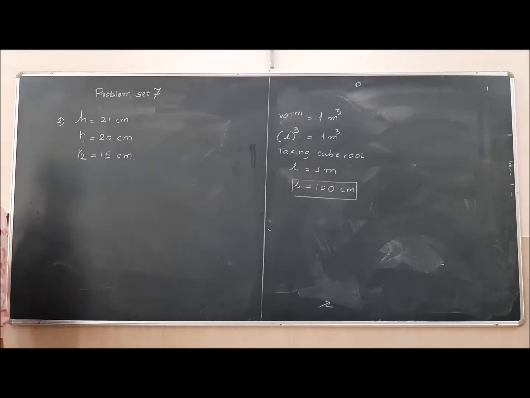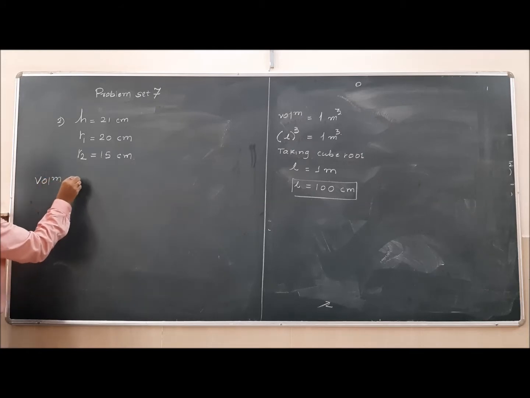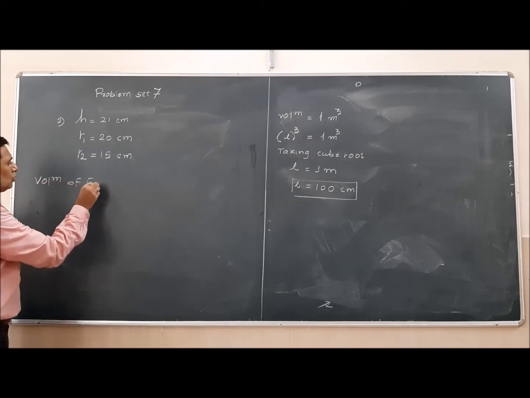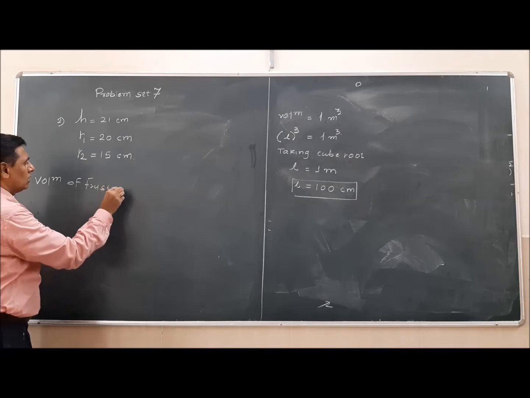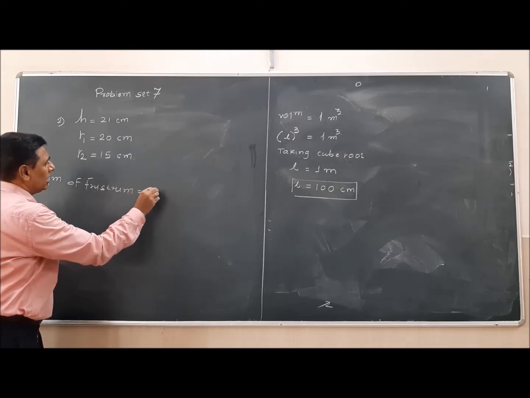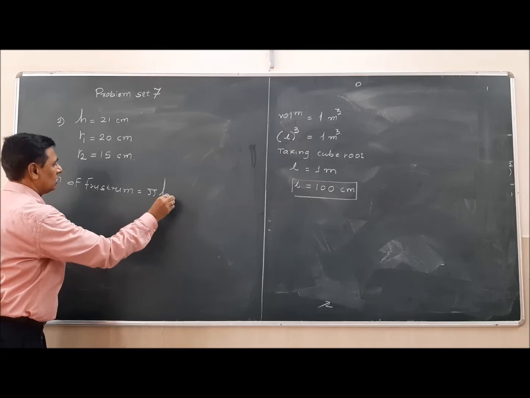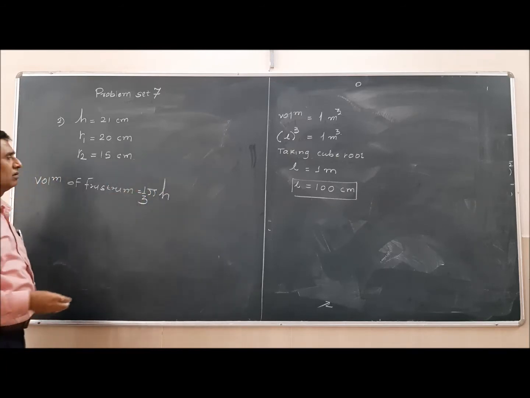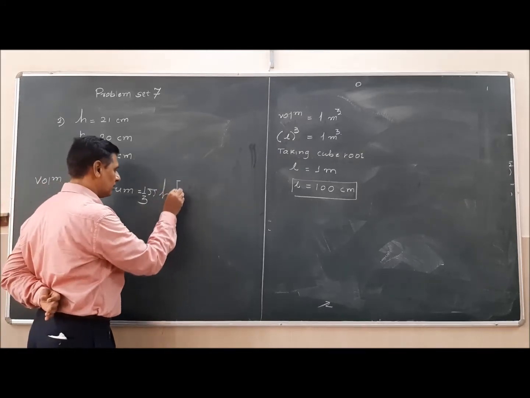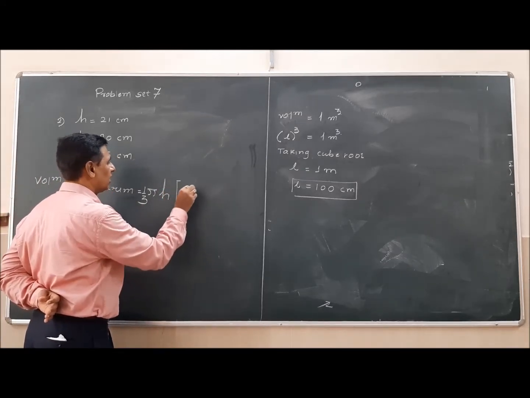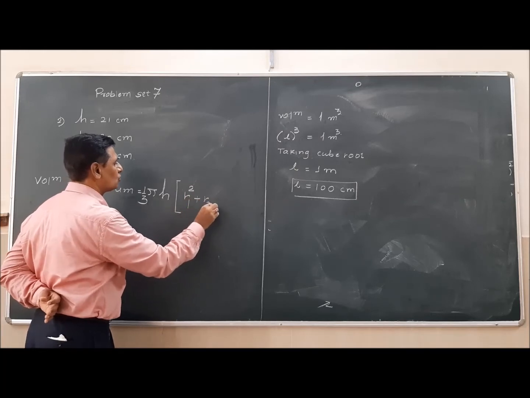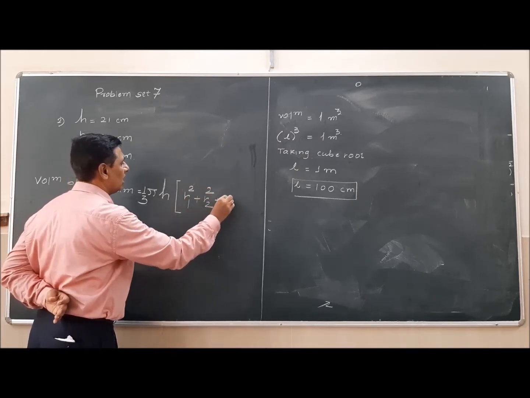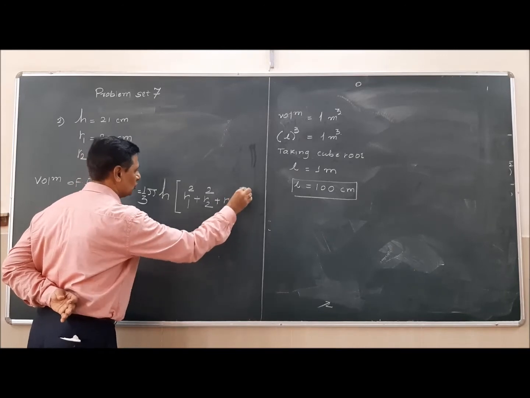Now you all know the formula for volume of the frustum. Therefore, let's write the volume of frustum is equal to 1/3 pi h into the bracket r1 square plus r2 square plus r1 into r2.